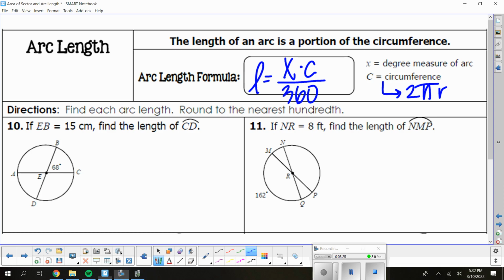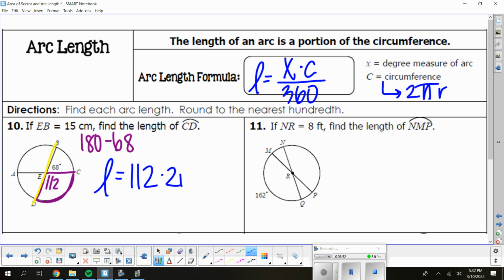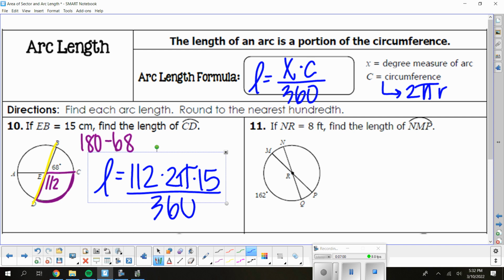So I want to find the length, not the degree measure, of C to D. That corresponds to this angle, which I don't have, but I notice that this is a diameter. So I can do 180 minus 68 to get me 112 there. Plugging into my formula, again, we want length, not degree measure. So my length is equal to the degree of that angle times 2 pi r, which is 15, all over 360.